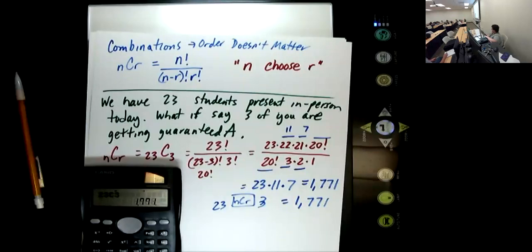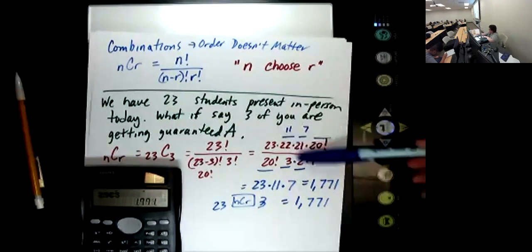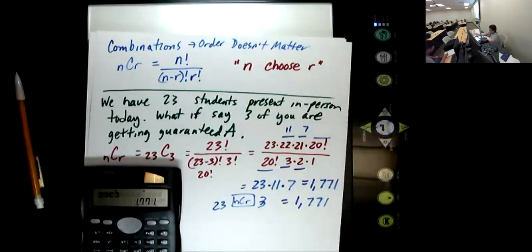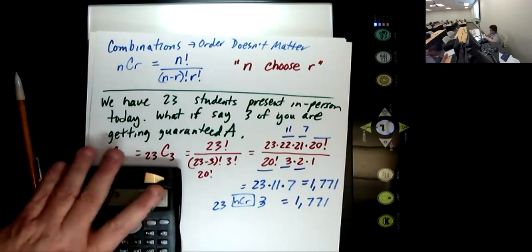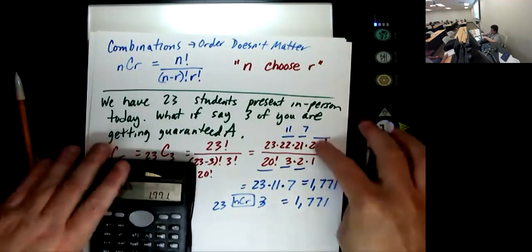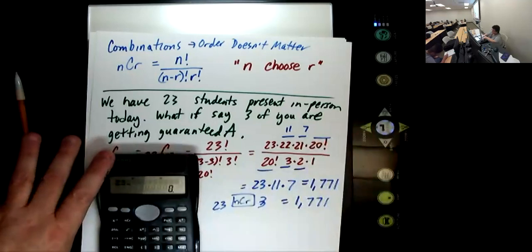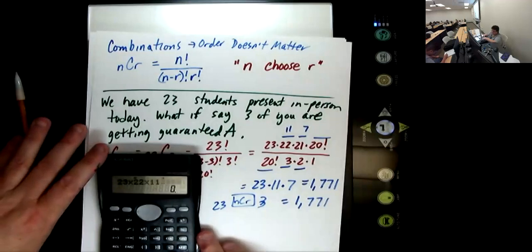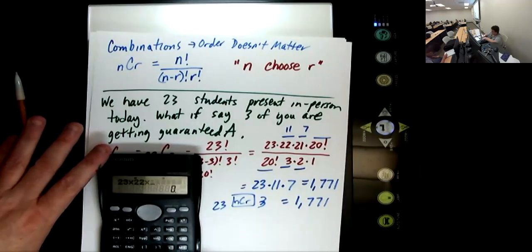How did you get the 11 and 7? The 22 and the 2, I cancel out a 2 to get the 11. And 21 divided by 3 is 7. Or at this point, you could have just done 23 times 22 times 21 divided by 3, divided by 2.